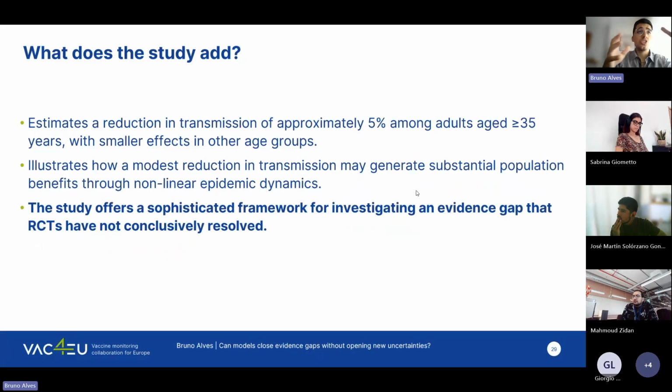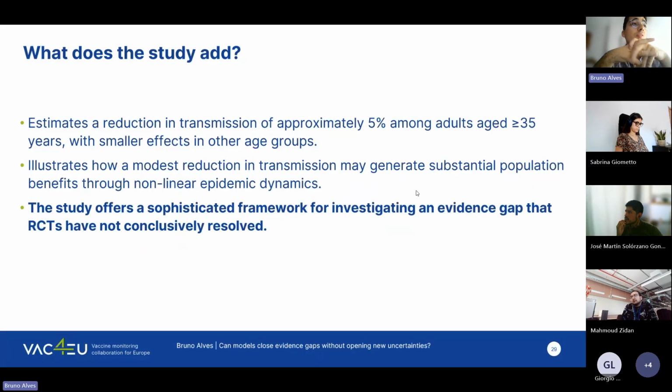The main conclusion that we already saw was the 5% effectiveness for adults. I'm not talking here about effectiveness for children because I believe that the limitation of data on this age group is very significant. It illustrates, or suggests, how a very modest reduction in transmission may have a very huge impact on other health consequences such as deaths avoided.